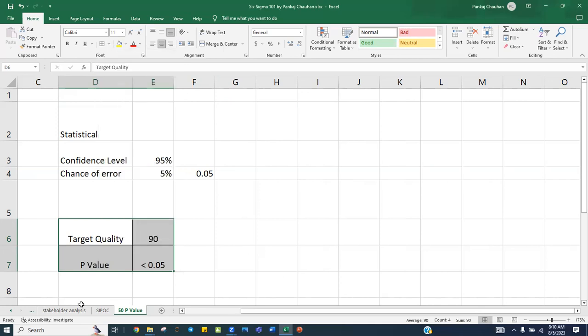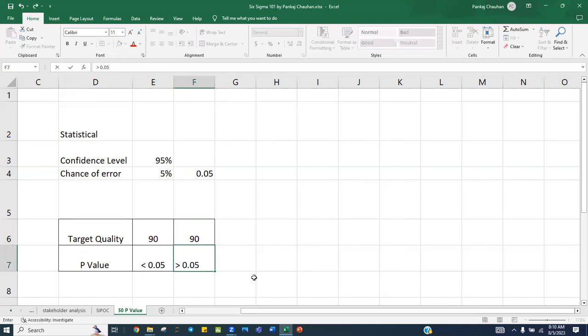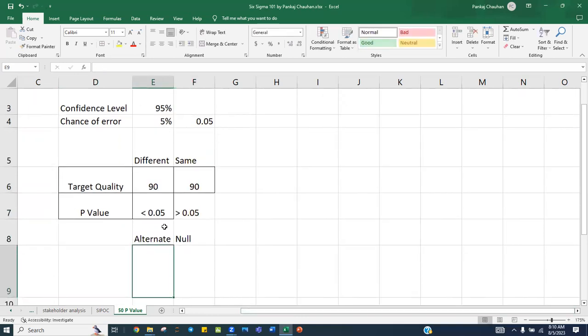Statistically, they are significantly different. If your p-value comes greater than 0.05, then statistically they are the same. Why? Because if the p-value is less than 0.05, it's the alternate hypothesis, which always says there is a difference. If the p-value is greater than 0.05, it's the null hypothesis, and we say they are the same.